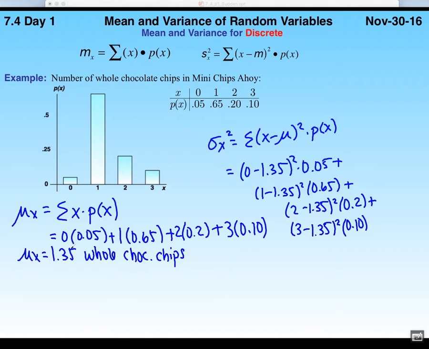I didn't calculate that, but I did take the square root. So the standard deviation is 0.726. It's supposed to say chocolate chips. So that's the typical deviation from the mean.